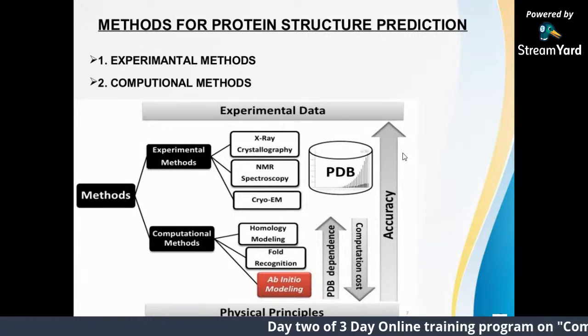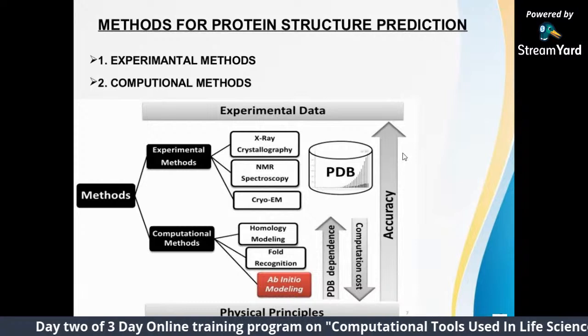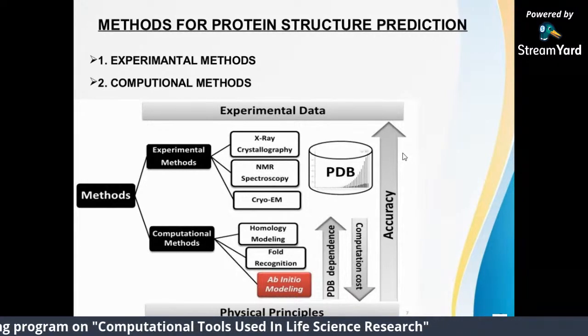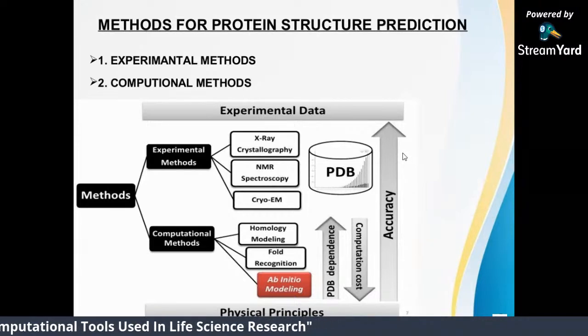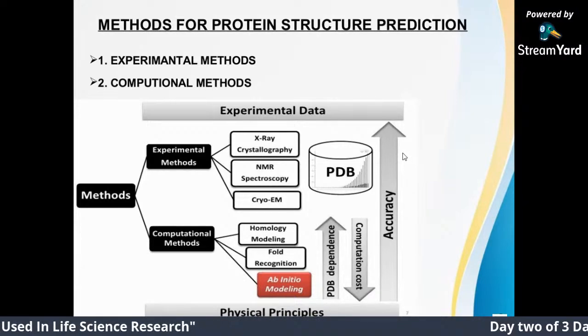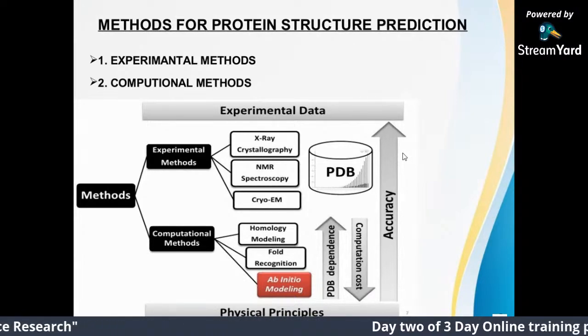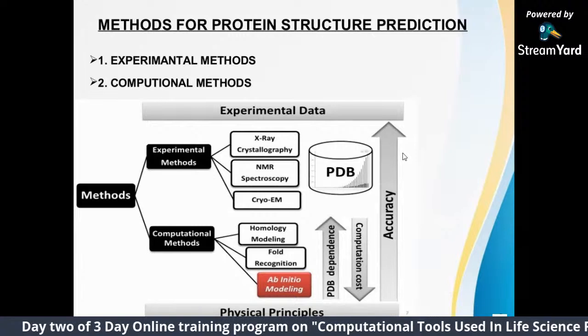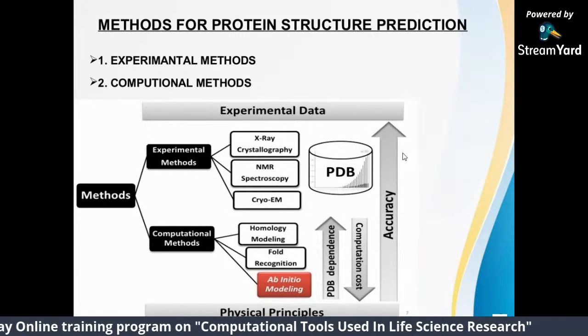Because of all this, sometimes it is very difficult to determine the protein structure using experimental methods like crystallography and NMR spectroscopy. So we need to predict protein structure with less cost and less time.